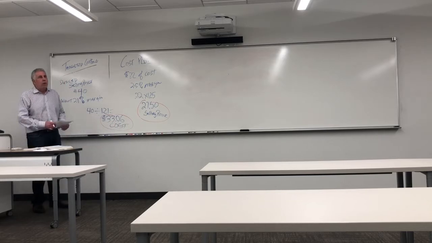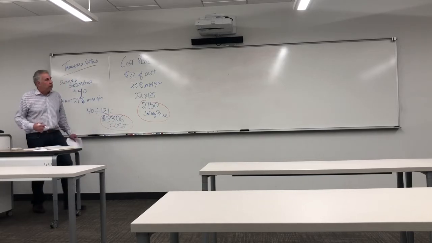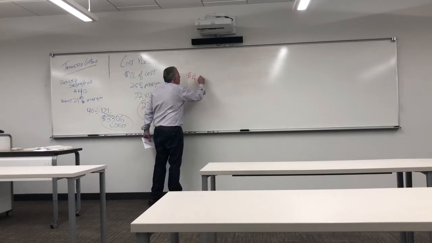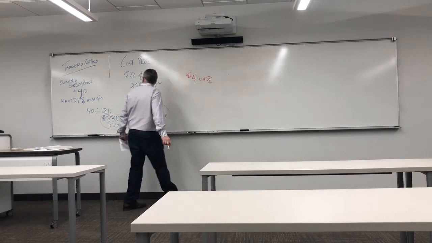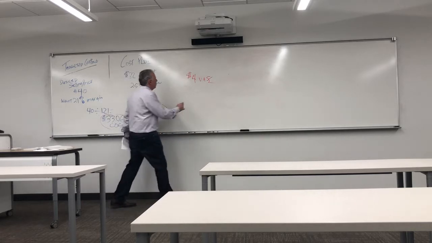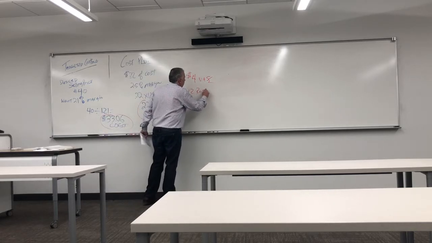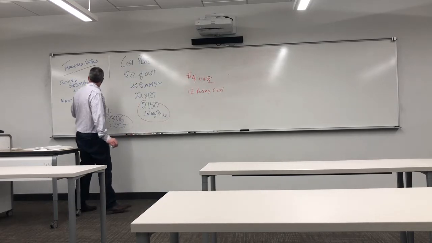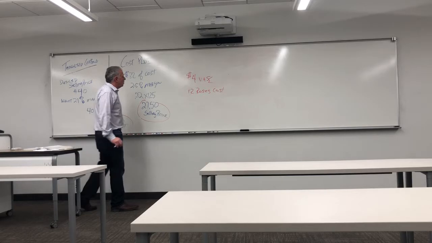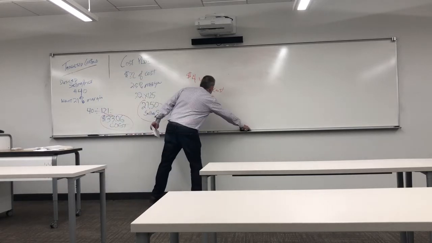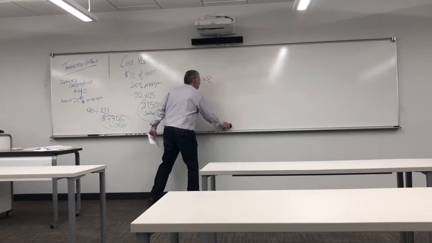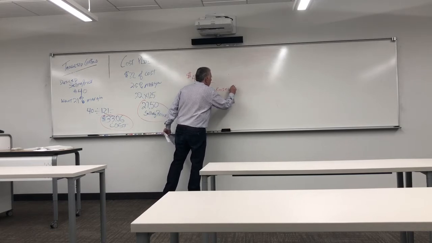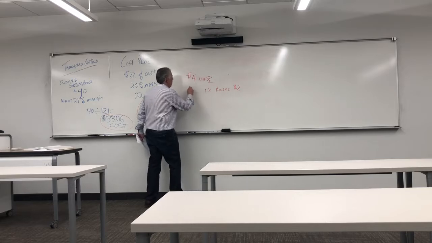So what do you do? You figure out, what does the vase cost me? The vase costs me $4. What do the flowers cost? The 12 roses cost, what do we got? $4 there, and we're looking for 33, so maybe the 12 roses at $2 each, that's $24.